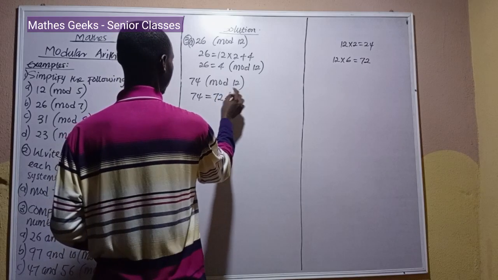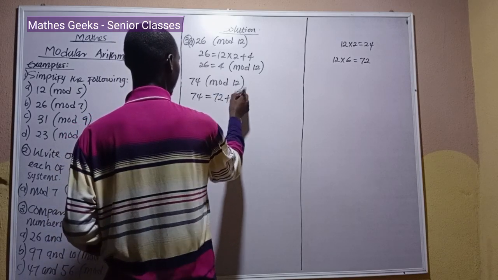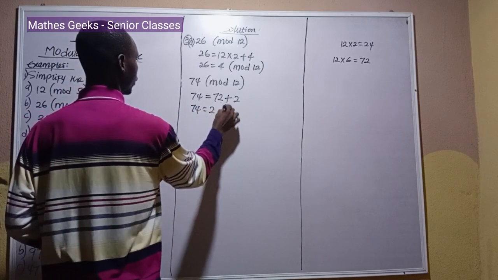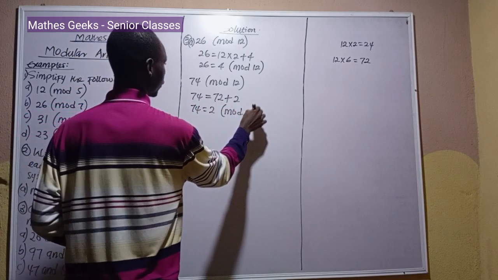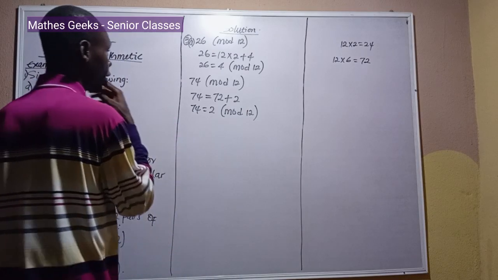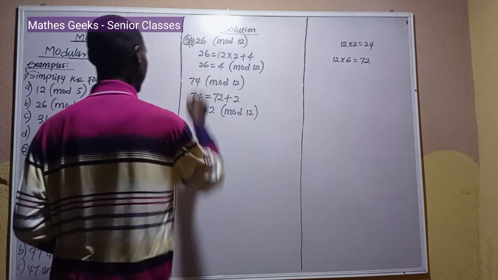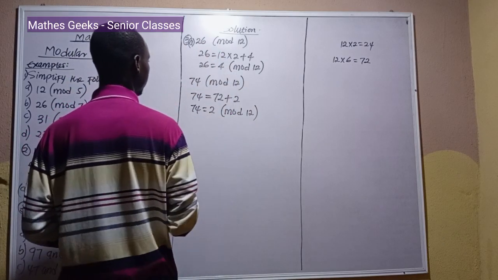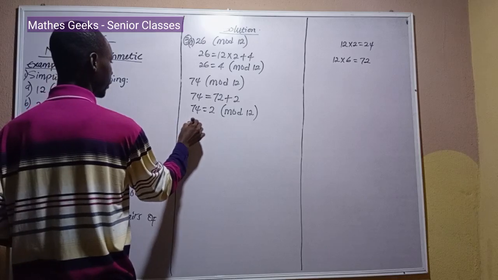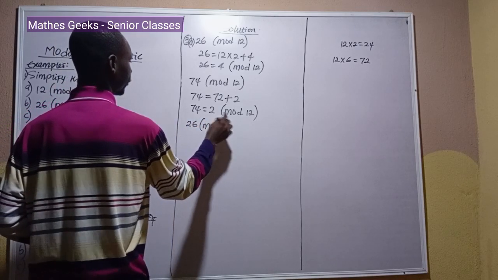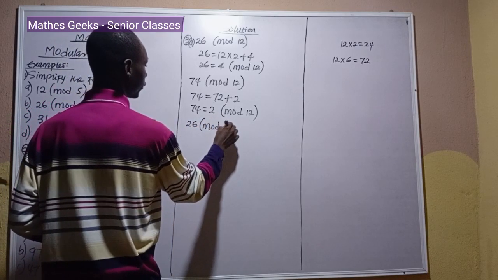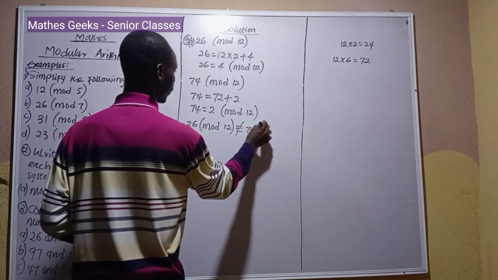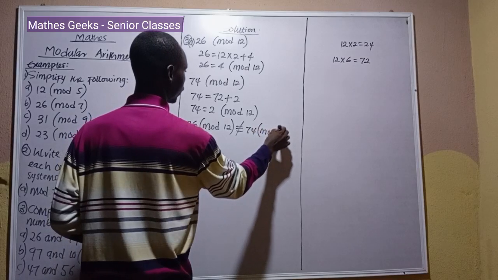The remainder is 2. So 74 is equal to 2 in mod 12. What do we observe? They are not equivalent. When both of them are done in mod 12, you don't have the same remainder, so they are not equivalent. We say 26 in mod 12 is not equivalent to 74 in mod 12.